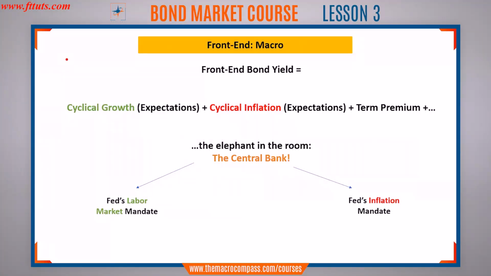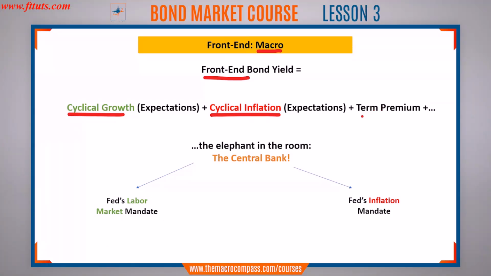If you remember, our macro approach to looking at bonds in general throughout the curve described bond yields as the sum of growth expectations, inflation expectations, and term premia. When you look at the front end through a macro lens, instead you are looking at cyclical growth and cyclical growth expectations, cyclical inflation and expectations.